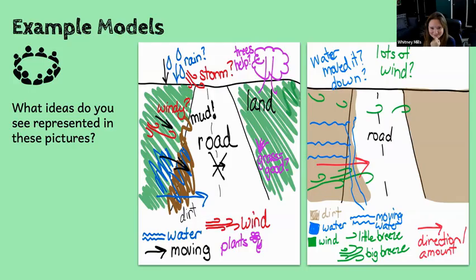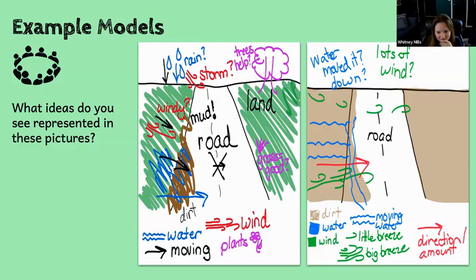You can go ahead and add some of your ideas to the chat. Thank you so much. Oh, it looks like we might have had the idea that wind might be blowing the dirt here.